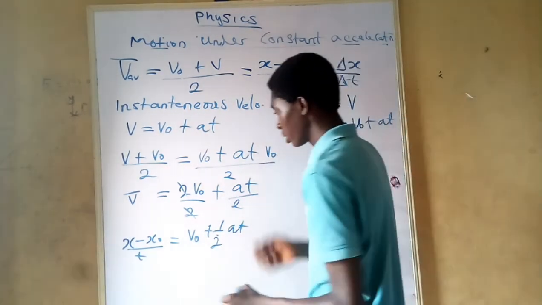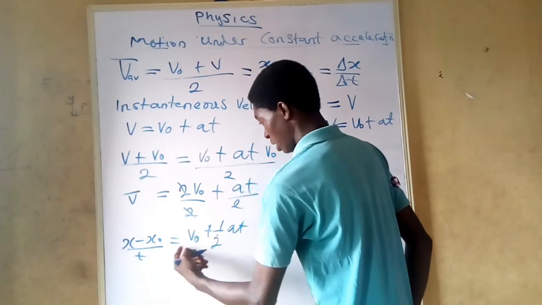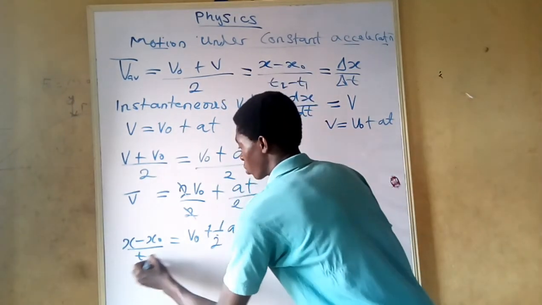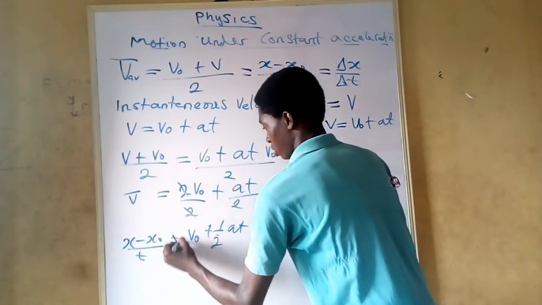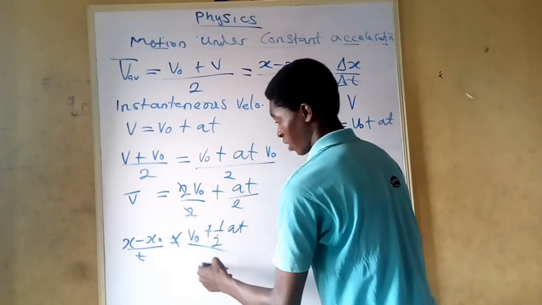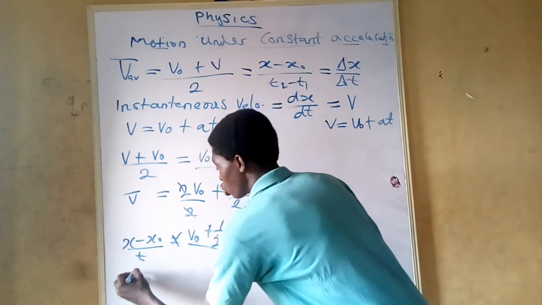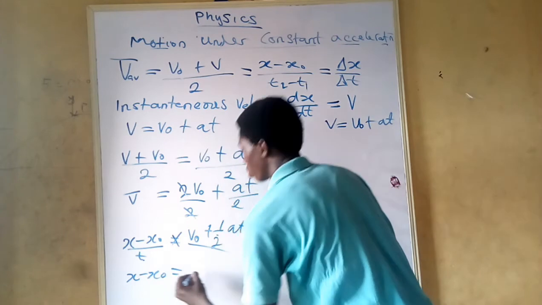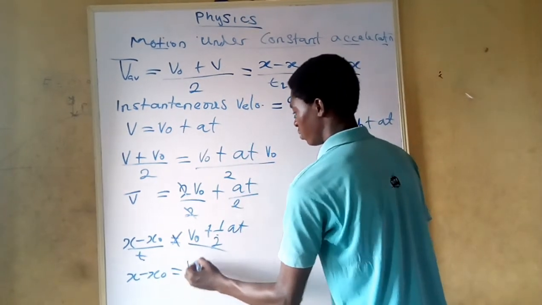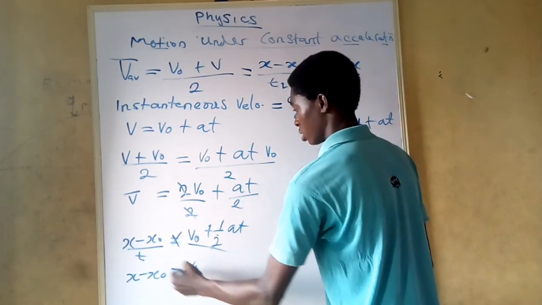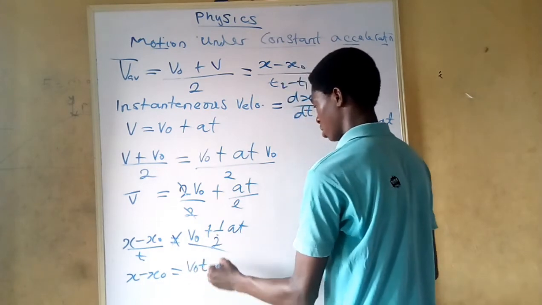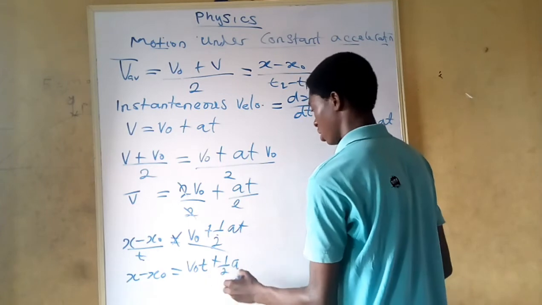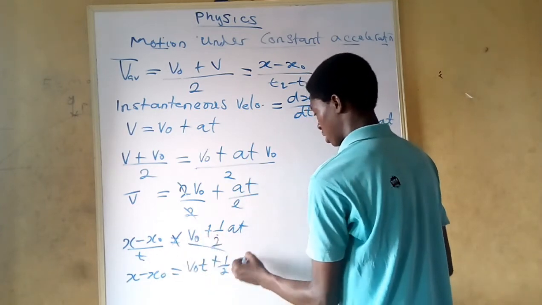Now let us go ahead and make x the subject of the formula. That means we are going to cross multiply everything here, let's say over 1, then we cross multiply. This is going to be x minus x naught equals v naught times t, plus half a times t, that's t squared.